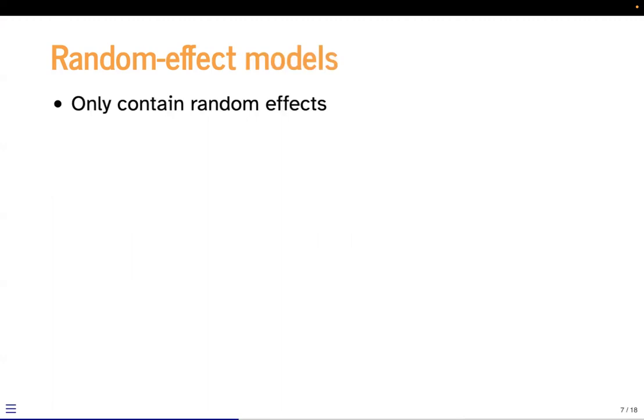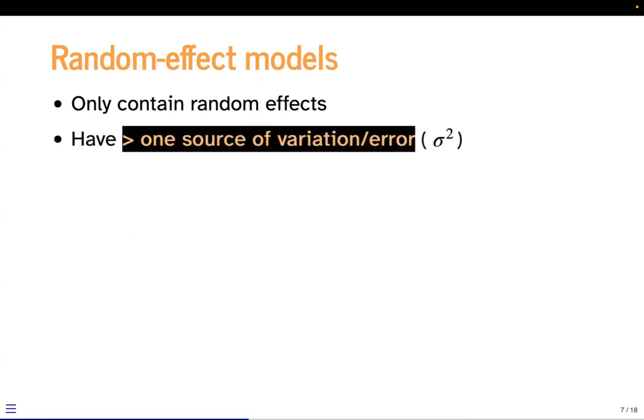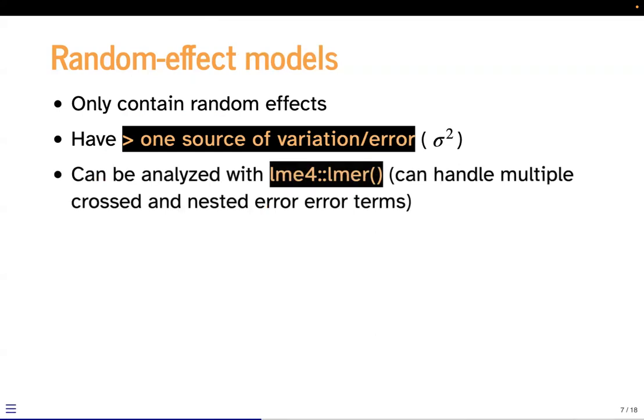Okay, so a random effect model then. If I call a model random effect, it's because it only has random effects. So it has no fixed effect in it. And it does need to have more than one source of variation or error, because it does have that sigma square E for the error, but it needs to have at least another sigma square coming from the random effect in that model.